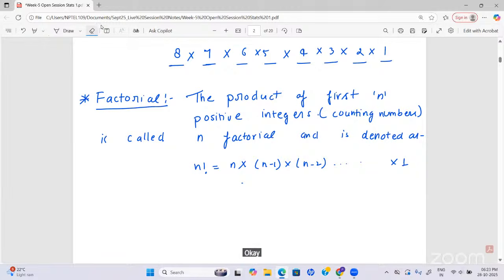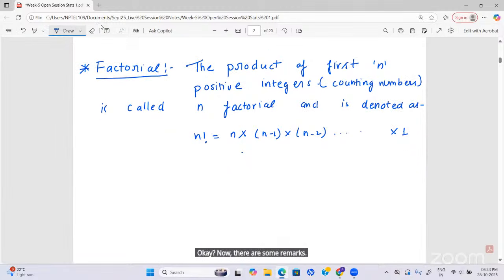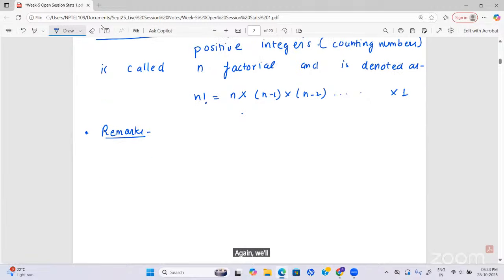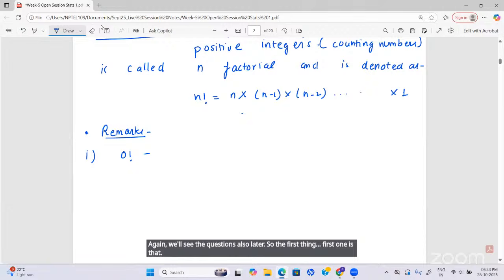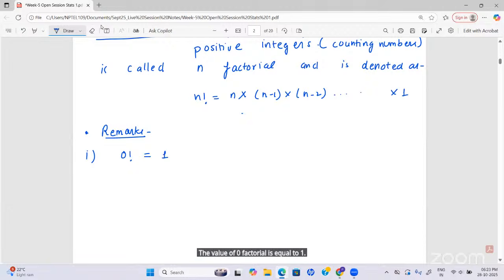Now there are some remarks for factorial. We will see the questions also later. So the first one is that the value of 0 factorial is equal to 1. And we can write n factorial equals n into n minus 1 factorial, right?